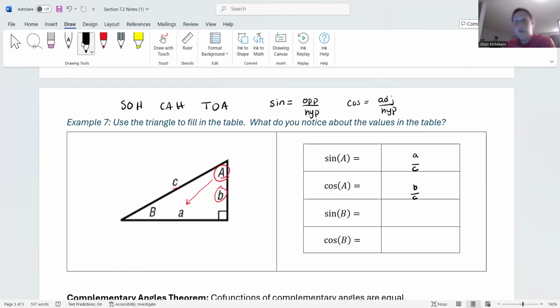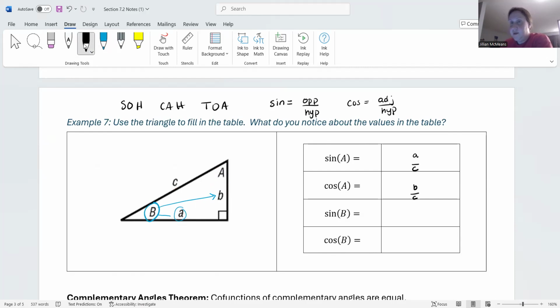Now let's flip all of this and look at angle B. So let me erase this so we don't confuse ourselves. And let's do this one in blue. Now we have angle B. When we're looking at the side opposite to angle B, we have lowercase b. And the side adjacent to angle B is lowercase a.